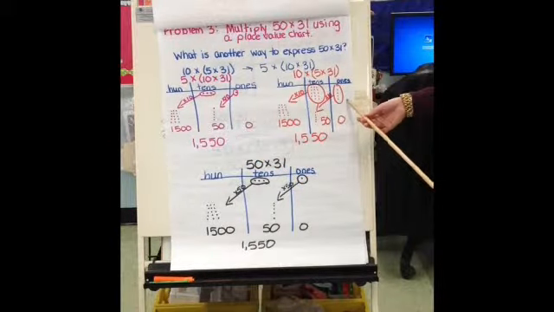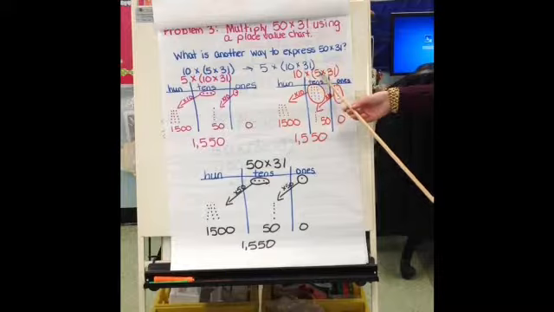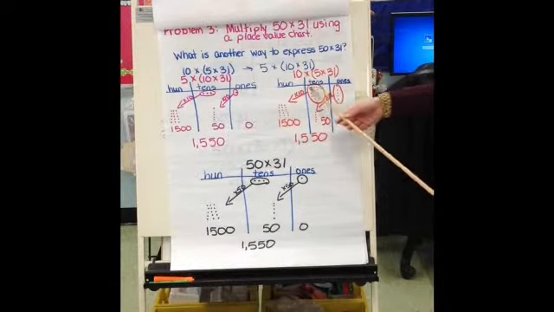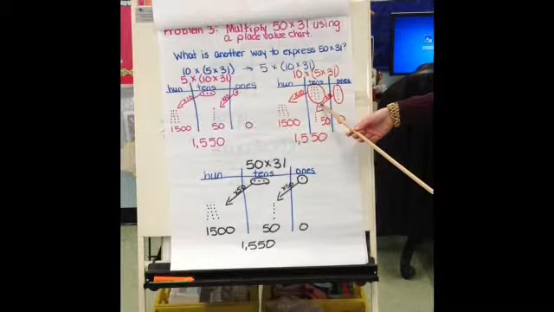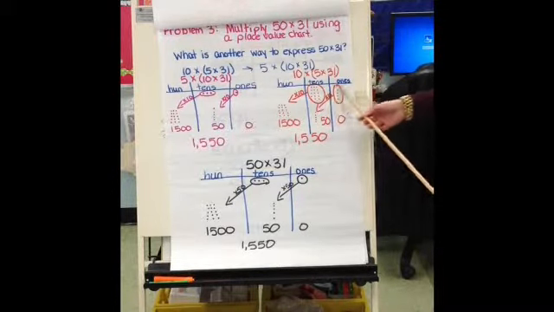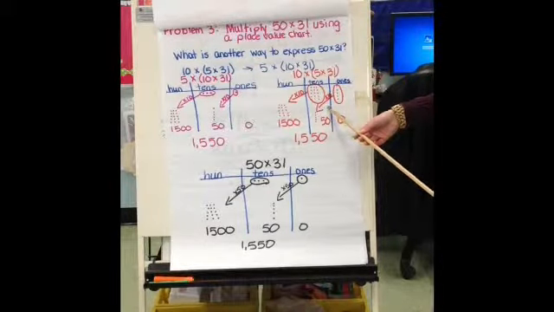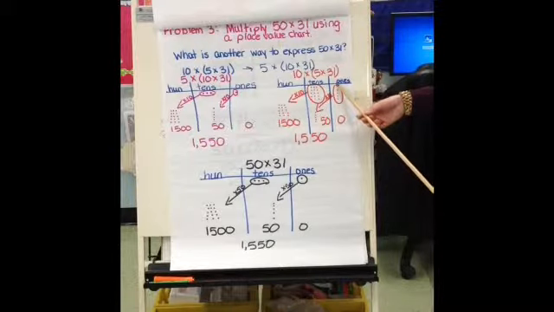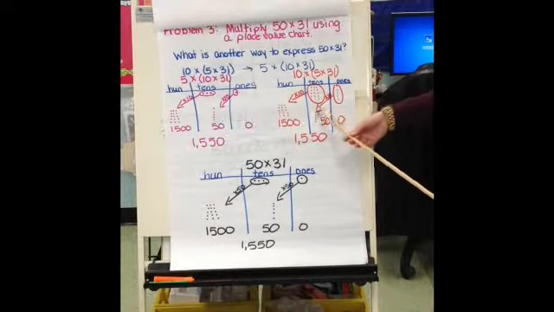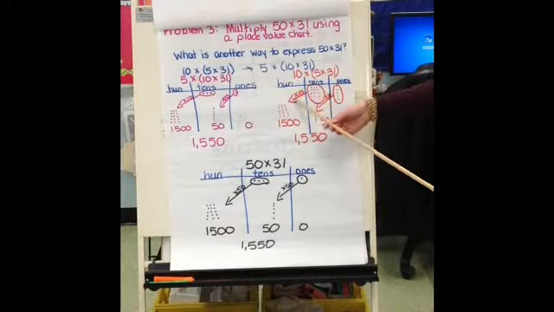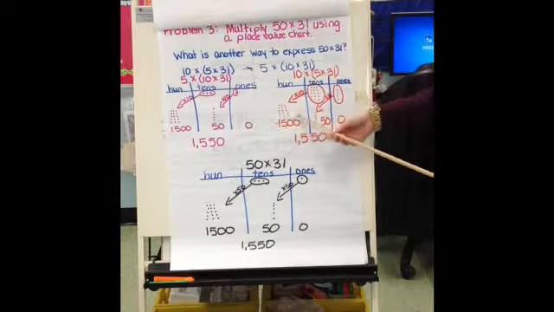Let's look at it here. I have 10 times 5 times 31. So I put my 31, 3 tens, 1 1. Then I multiplied each one of them by 5. Then I took and multiplied each one of those times 10. So my 5 ones then became 5 tens or 50. My 15 tens multiplied by 10 became 15 hundreds.